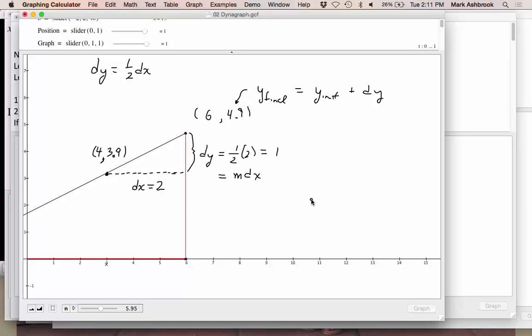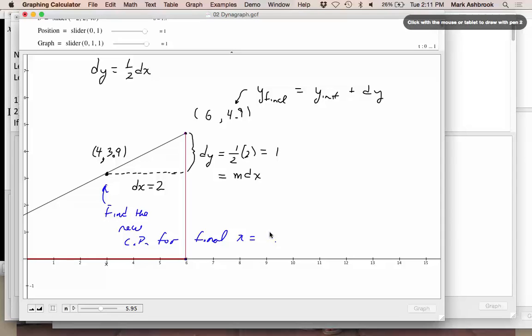Okay. So let's do it again. So I want you to find the correspondence point. Let's go back to 4, 3.9. And I want you to find the new correspondence point with this process for, let's see, for a final x of 8.7. No, take it back. 9.3.